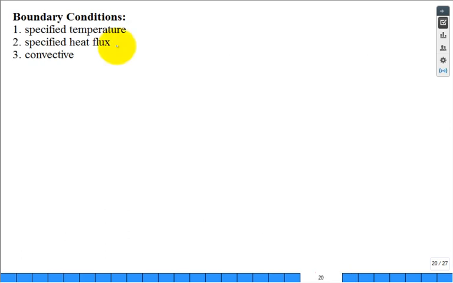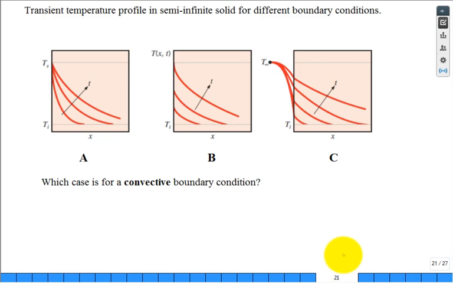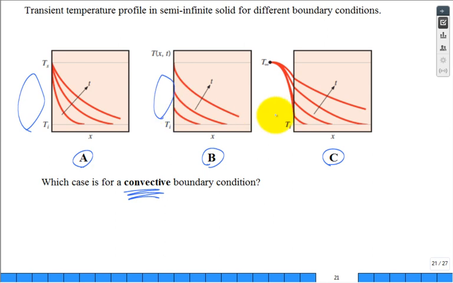Do you think they can expand this and do it for the specified heat flux? We've spent all this time on the specified temperature. Let's go ahead and answer this clicker question. Either case A, case B, or case C is describing how the temperature varies if I have a convective boundary condition. Again, over here is where you would have that boundary condition applied.